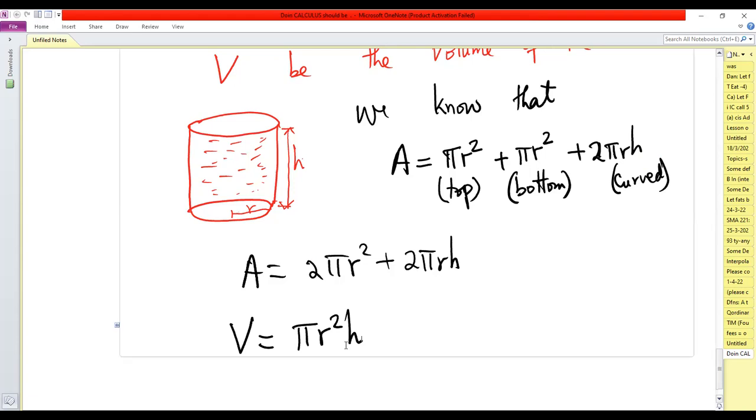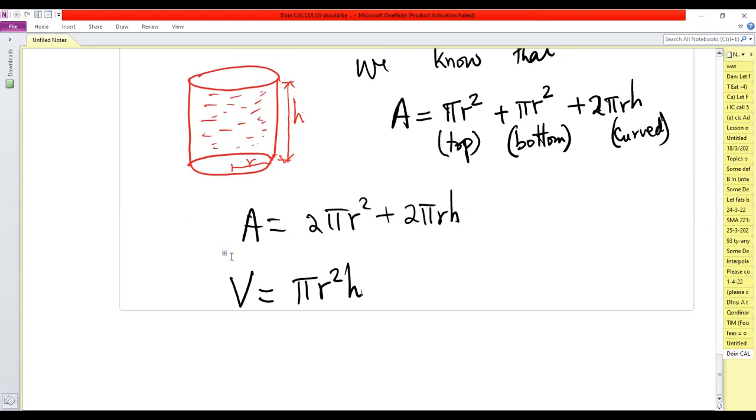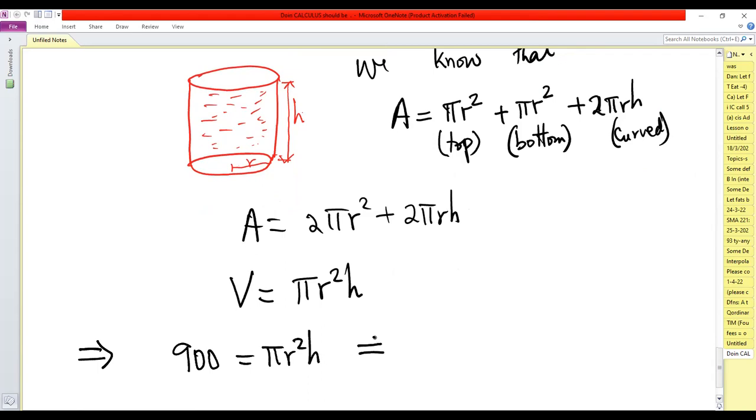Since the volume should be 900 cubic centimeters, 900 is the same as pi r squared h, which means h is given by 900 divided by pi r squared.